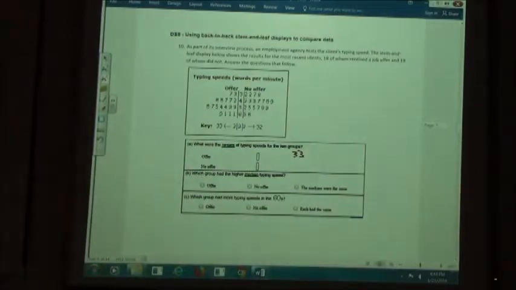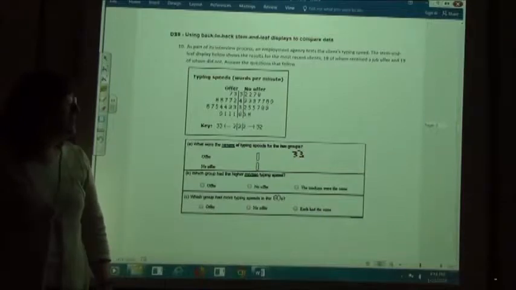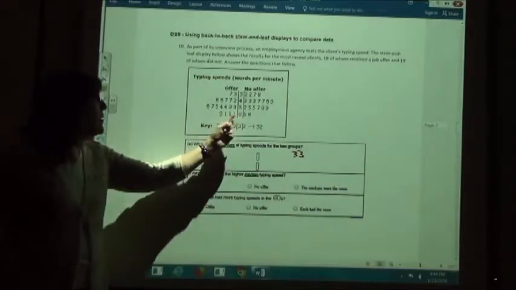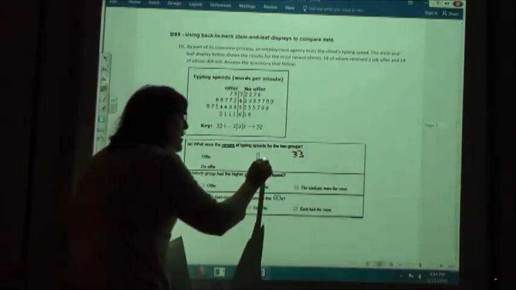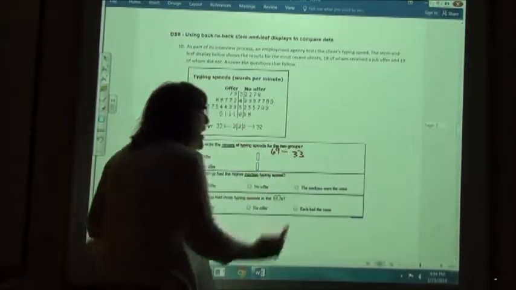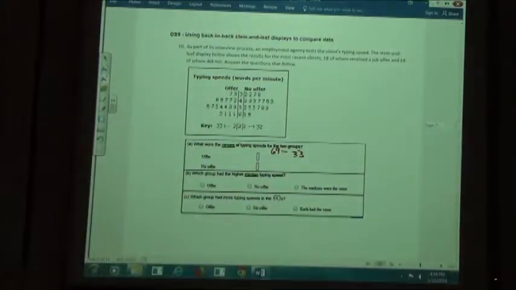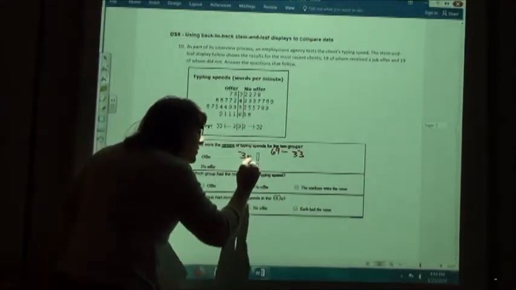My maximum value is 69. Now really when I find the range, I'm going to take my biggest one minus my smallest one. And so if I take 69 minus 33, the range is 36, right?